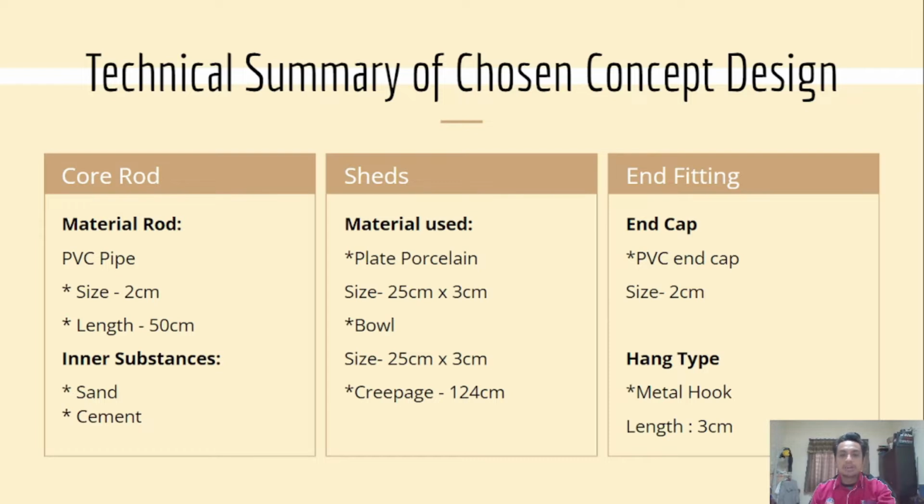The creepage of the sheet is 124 cm. Then the last one is the end fitting used in the prototype, which is an end cap. The PVC end cap is the same size as the PVC pipe for the core rod, 2 cm. The hang type is a metal hook, and the length of the metal hook is 3 cm.